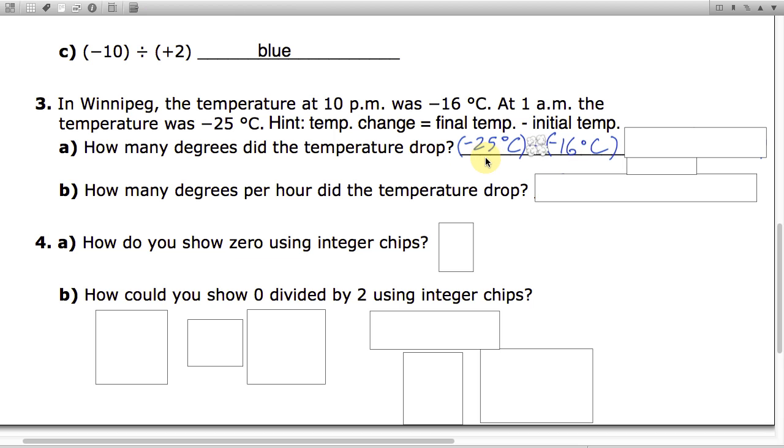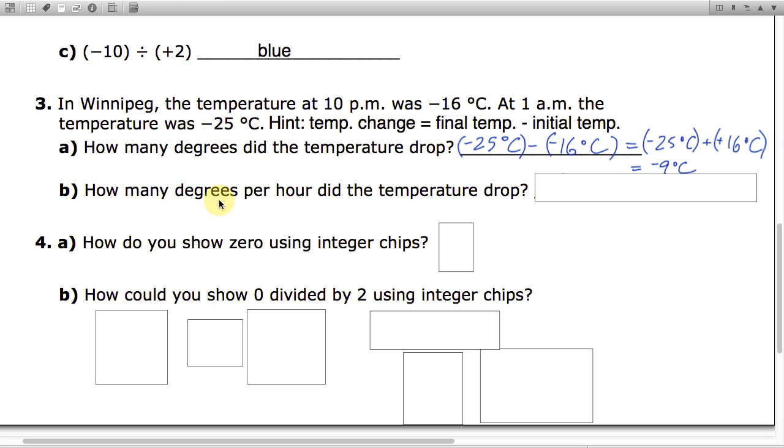So if you take the final temperature of -25 degrees Celsius and you subtract the initial temperature of -16 degrees Celsius, then you'll find that difference is more easily found if you add the opposite. So -25 adding +16 will give you -9 degrees Celsius.